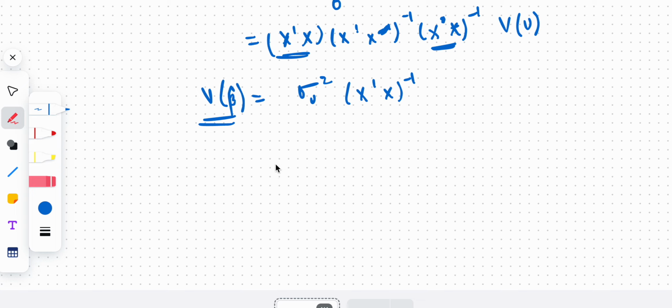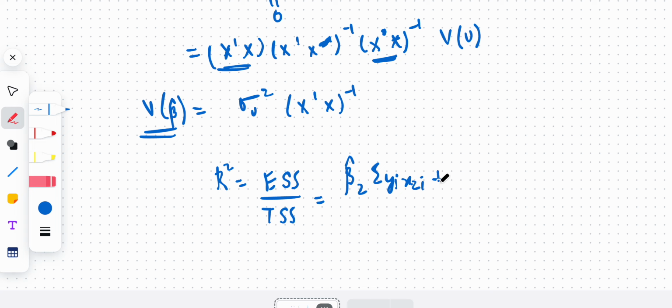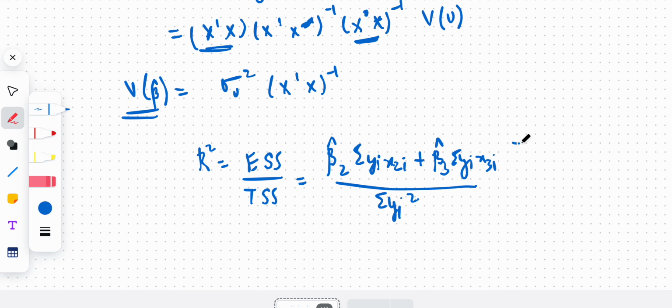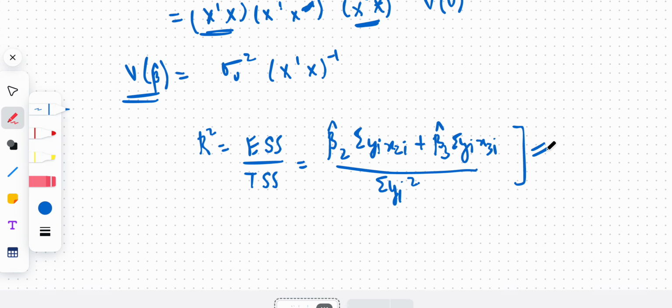Now in this case R square will again be explained variation over total variation. So this will basically become beta 2 cap summation yi x2i plus beta 3 cap summation yi x3i. Total variation is given by summation yi square. So this is my R square in the multiple variable case.